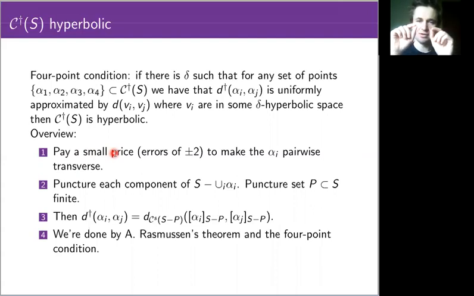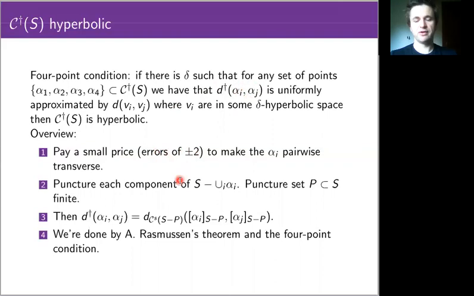So in the graph, we're taking a vertex and we're taking a neighbor of it in order to ensure that these curves are transverse. And when you do that, the distances in C dagger could change. So you get errors creeping in of plus or minus 2, but that's fine because that's uniform. So after we do that, we can assume the alpha i are transverse.